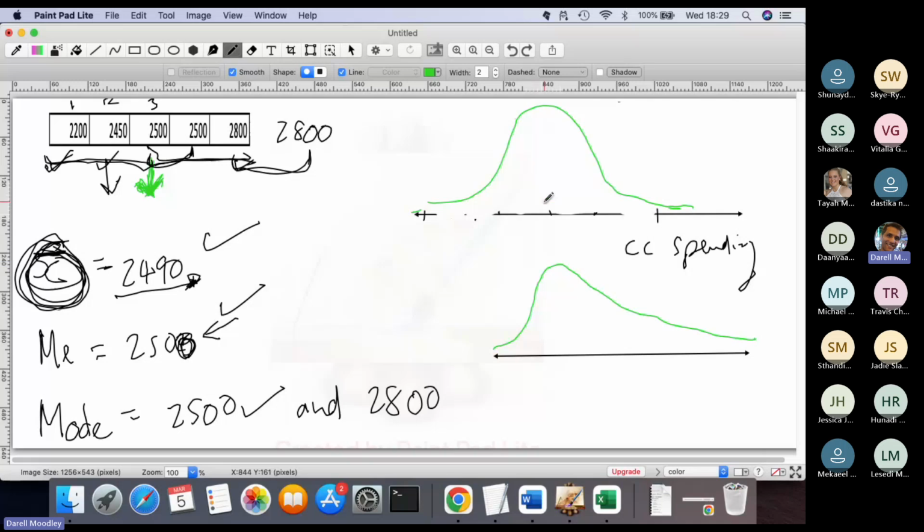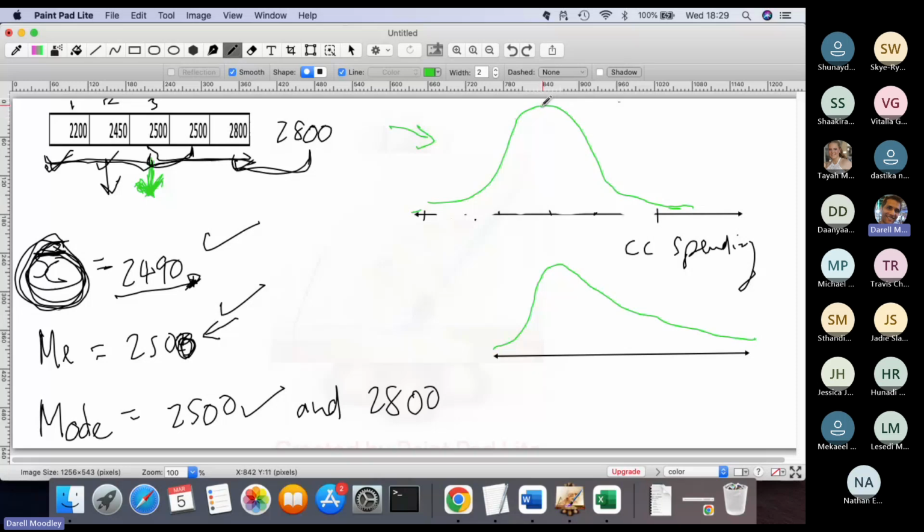Now the one on the top, this distribution here, is an example of a symmetrical shape. What I mean by symmetrical is, if you look at the highest point of this green line and draw a line going down, everything on the left of this line looks almost identical to the right side.